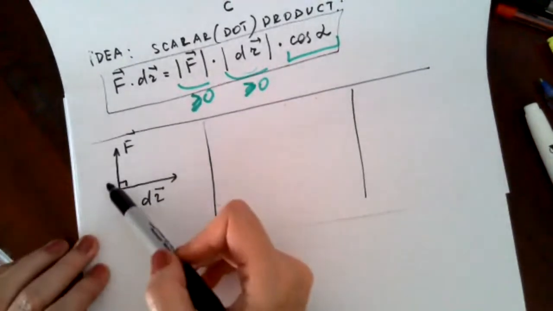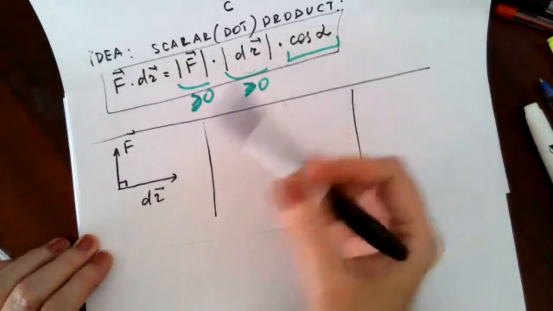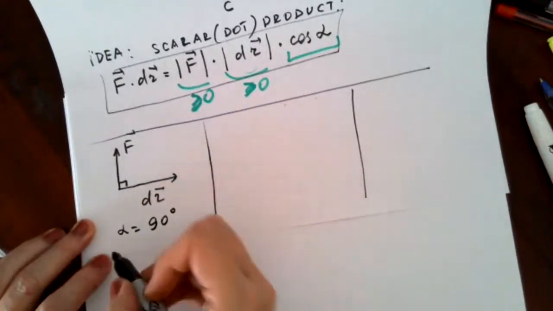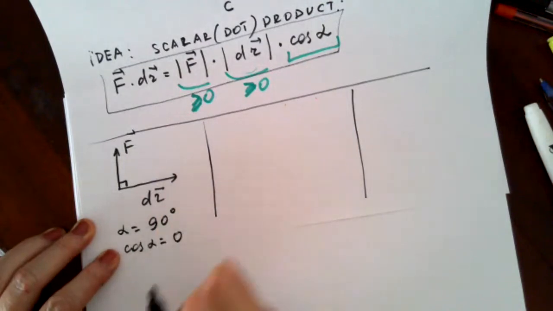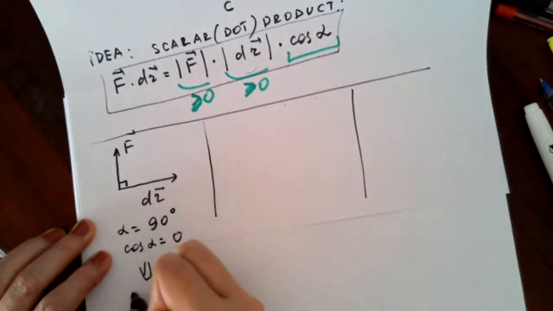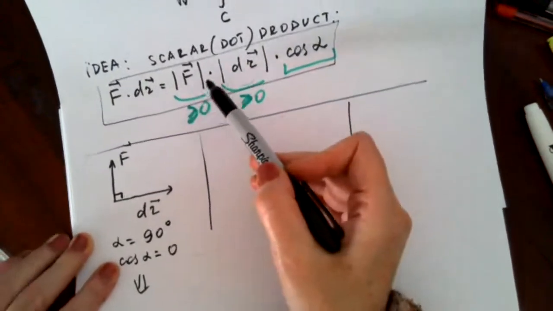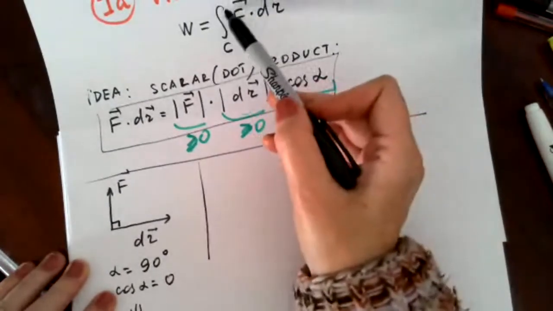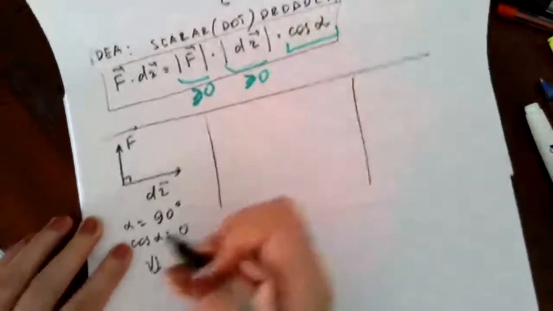Okay, what if these two vectors are perpendicular to each other? What can you say about alpha? Alpha, of course, is 90 degrees. And of course, you remember even from high school that cosine of this angle is equal to 0. It means that the whole expression will be equal to 0, and correspondingly, the whole integral will be 0, because the integral taken from 0 will be equal to 0 as well.